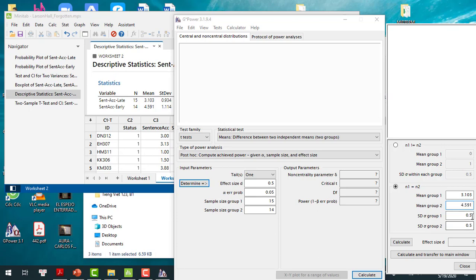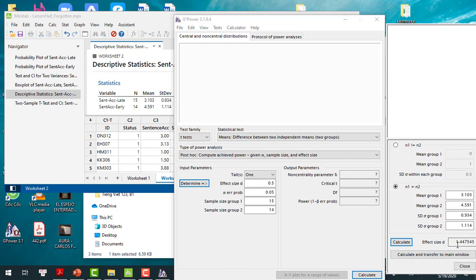Okay, the standard deviation for group 1 was 0.934, and the standard deviation for group 2 was 1.114. Okay, so here we enter then the mean for each group, and we enter the standard deviation for each group, and we calculate. Now when we calculate, this is going to give us an effect size.